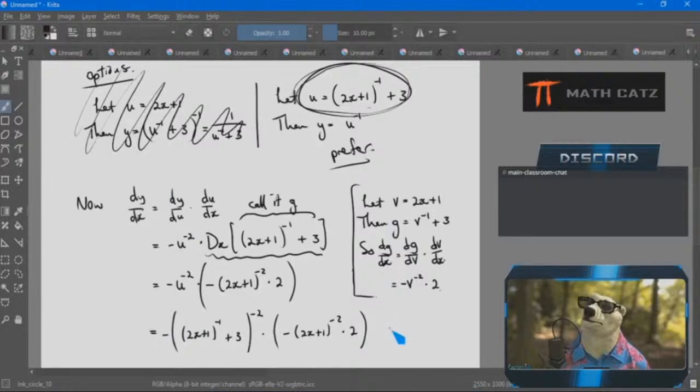And sometimes I could have more than just two pieces, a function inside a function inside a function. But the chain rule is only doing two things at a time. So I focus on the outside function, and whatever the inside function's complexity is, I'm going to deal with that at the end in the second part of the chain rule.